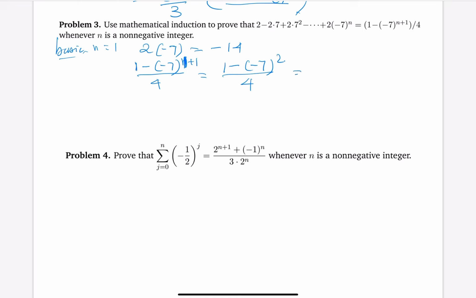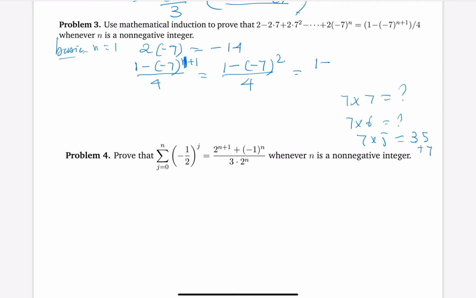A square is 1 minus... 7 times 7 is what? 7 times 5, I know is 35.